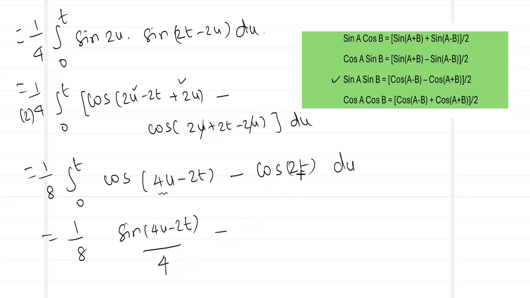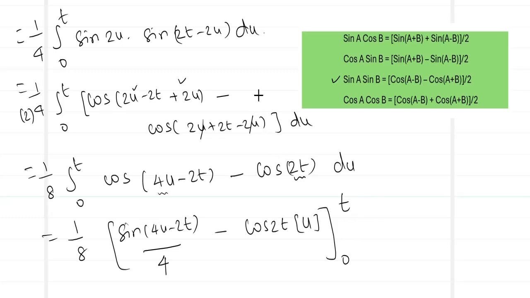When it comes to the second term, it is entirely t and no u. So this cos 2t will be retained as such, with a u which will be applied between the limits of 0 to t. Now let us apply the limits for u as t and 0, the upper limit minus the lower limit.